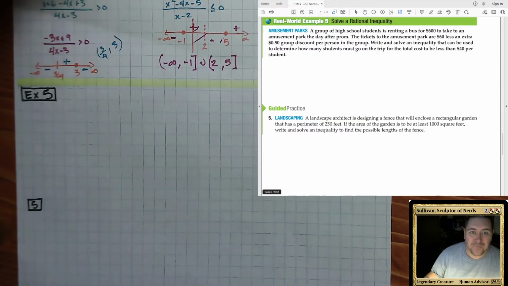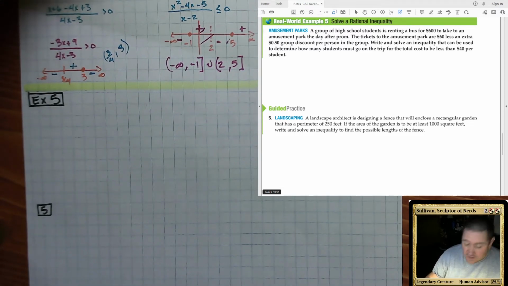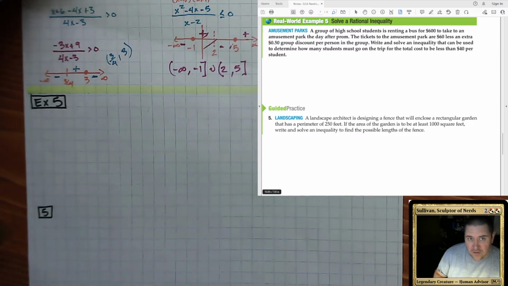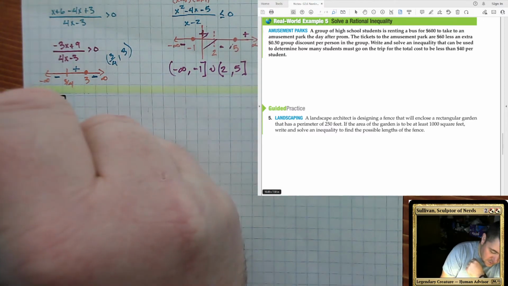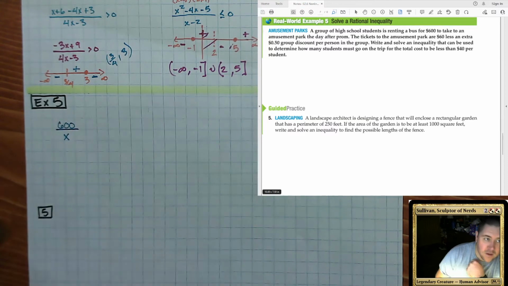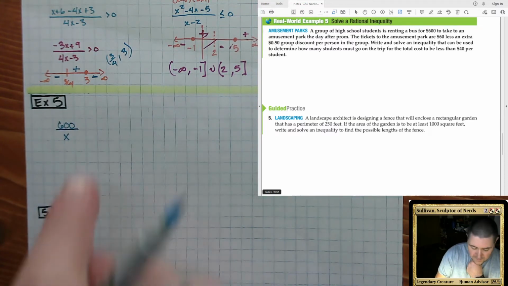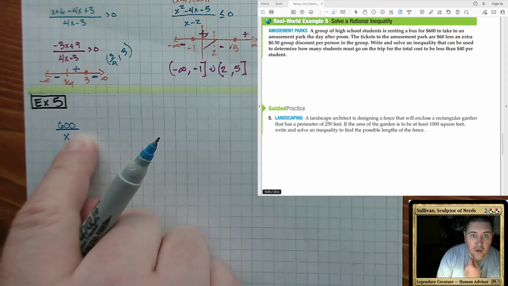But if they're renting a bus for $600 and it's split amongst all the kids there, can you write that as an expression? $600 divided by how many kids there are. So this is every kid's share of paying the bus.